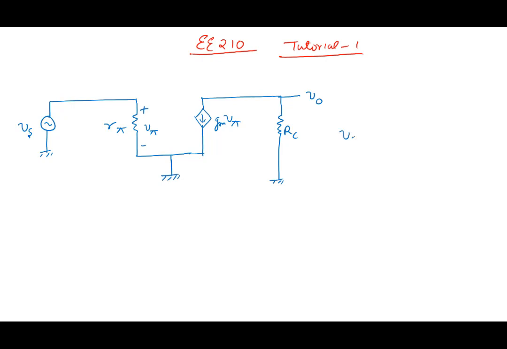Everybody, please write down what is V0 by Vs equal to, what is Rin equal to, and what is R0 looked at from here. From yesterday's discussion, one should be able to write this down very quickly.